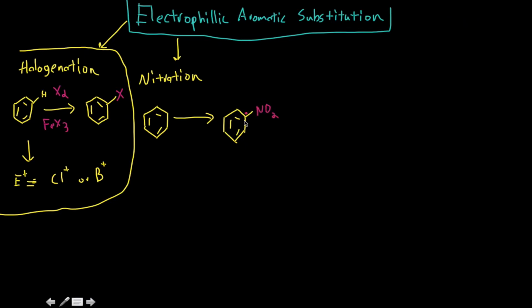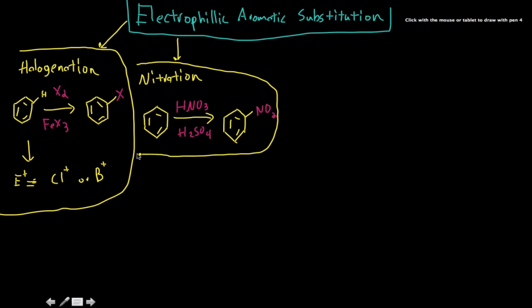How do I get that nitro group attached? Well, I add HNO3 and H2SO4. Now, every one of these reactions is run under acidic conditions, and there will be consequences of that later.